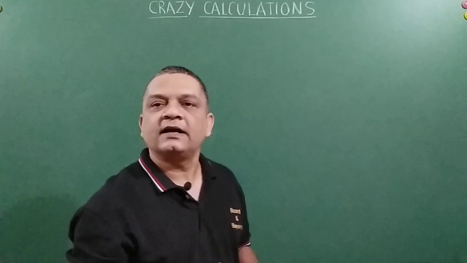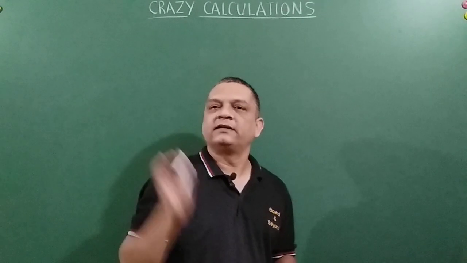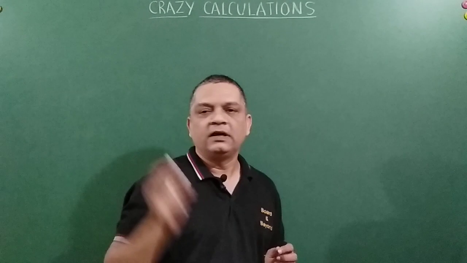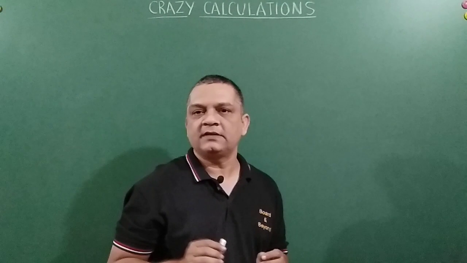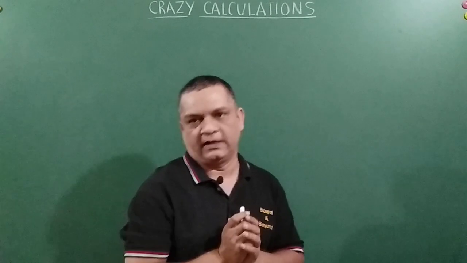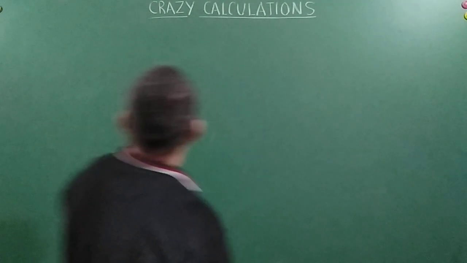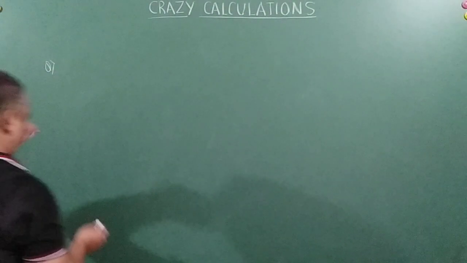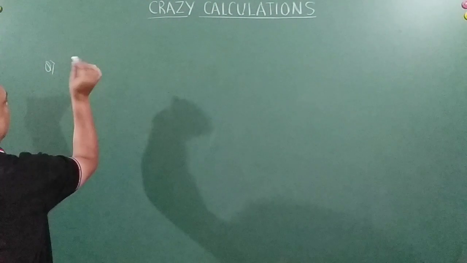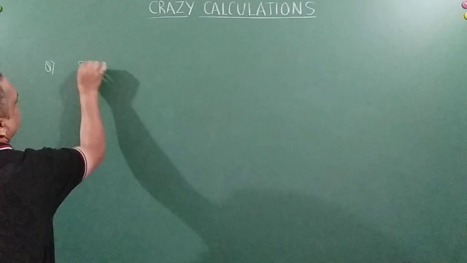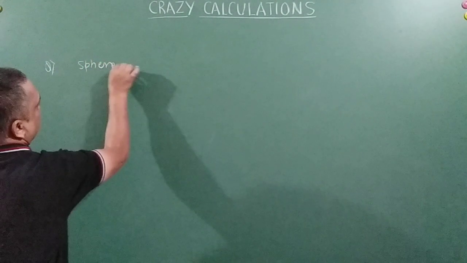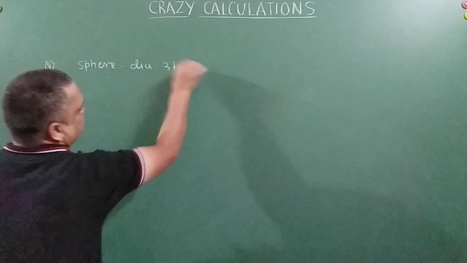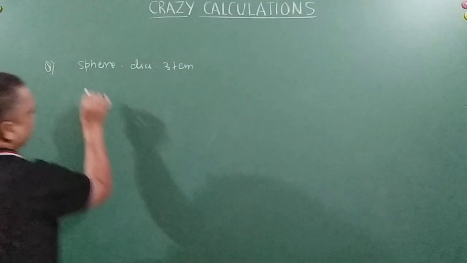Just to correct the mistake I made in the last class, I am going to take a sphere which has a diameter of 37 centimeters, and we will try to find its volume. The question: a sphere of diameter 37 centimeters, we are expected to find the volume.